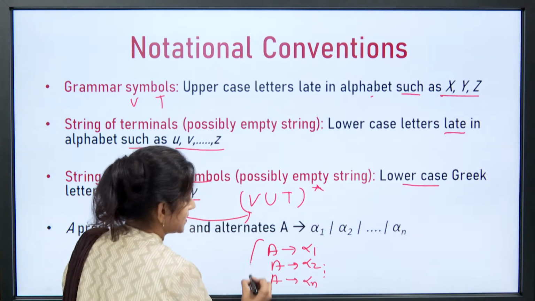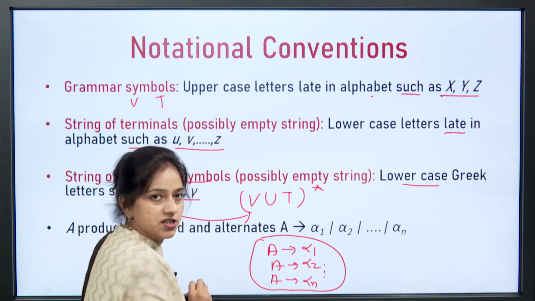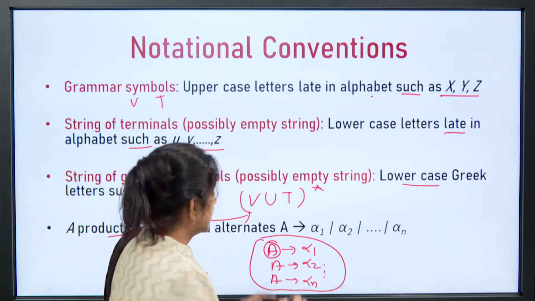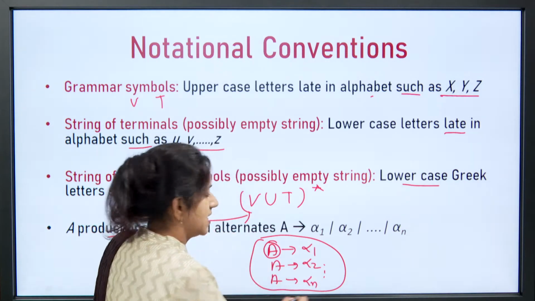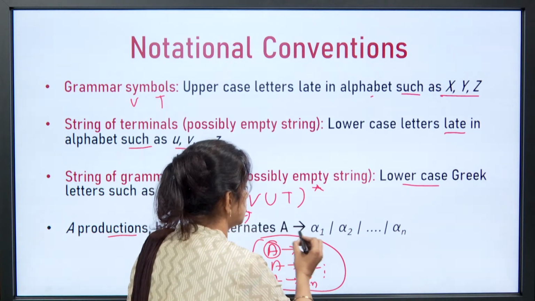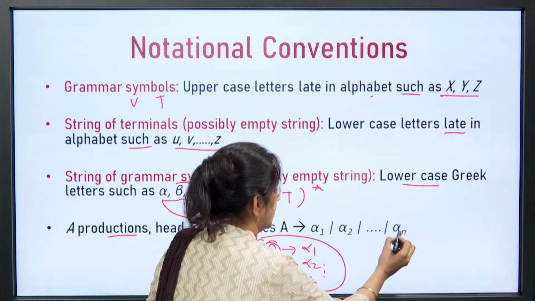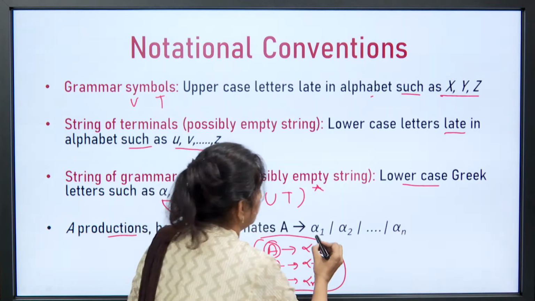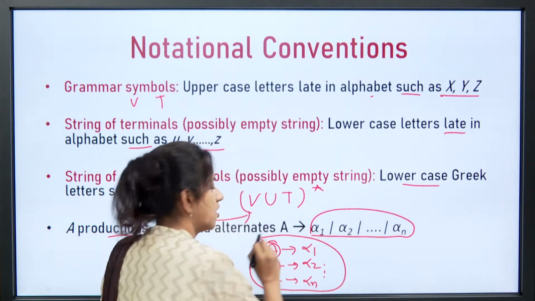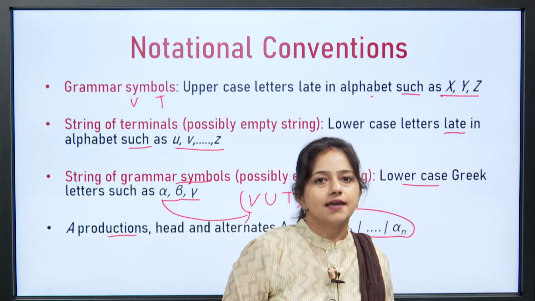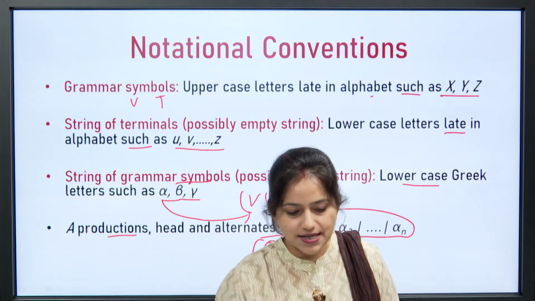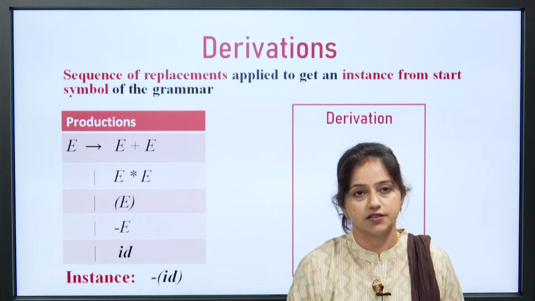This whole set is called A production, where A is called the head of the production, and this group can be written like this also: A to alpha 1 | alpha 2 | alpha n. So, alpha 1, alpha 2, alpha n are all called alternates of capital A. Capital A can be replaced by any one of its alternates. So, these are certain notational conventions.